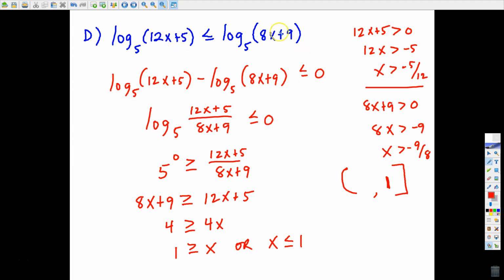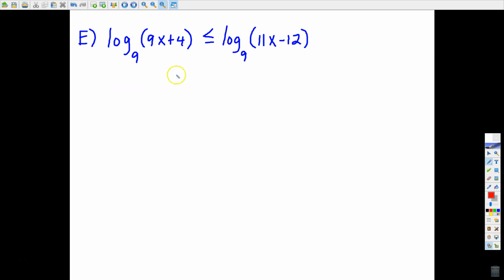It does work over here, but it doesn't work for this one. However, if we let negative 5/12 be the other end of this range, we are in good shape. So my final answer will be all of the numbers between negative 5/12 and positive 1, and we show here including positive 1 because it says less than or equal to.